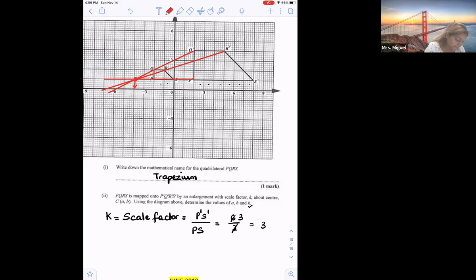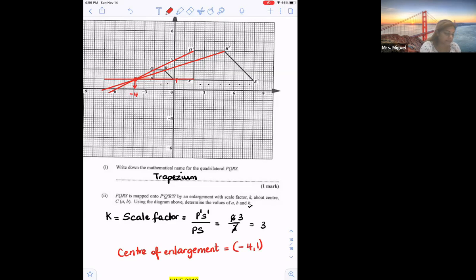And the coordinates of this point here is none other than, this is 1, 2, 3, negative 4, 1. So the coordinates of this point is negative 4, 1. So my center of enlargement is negative 4, 1.